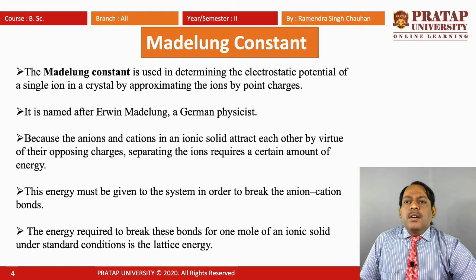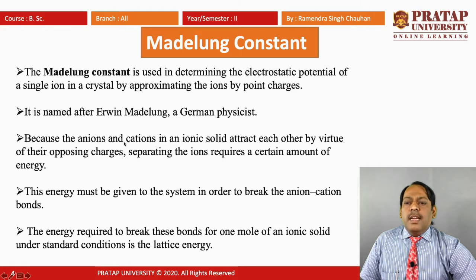Then we consider the attractive or repulsive forces, add up all these forces, and ultimately we find out the energy. This Madelung constant was named after Erwin Madelung, a German physicist.